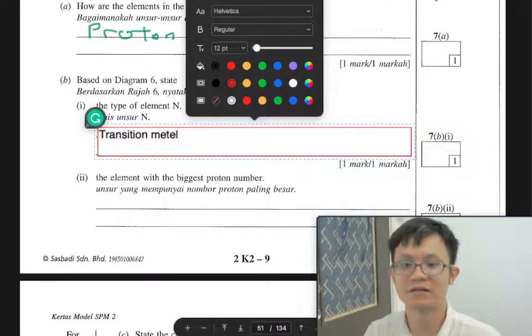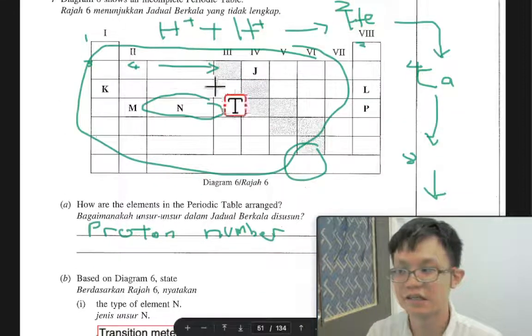Transition metal. Okay, this one will be called the transition metal.